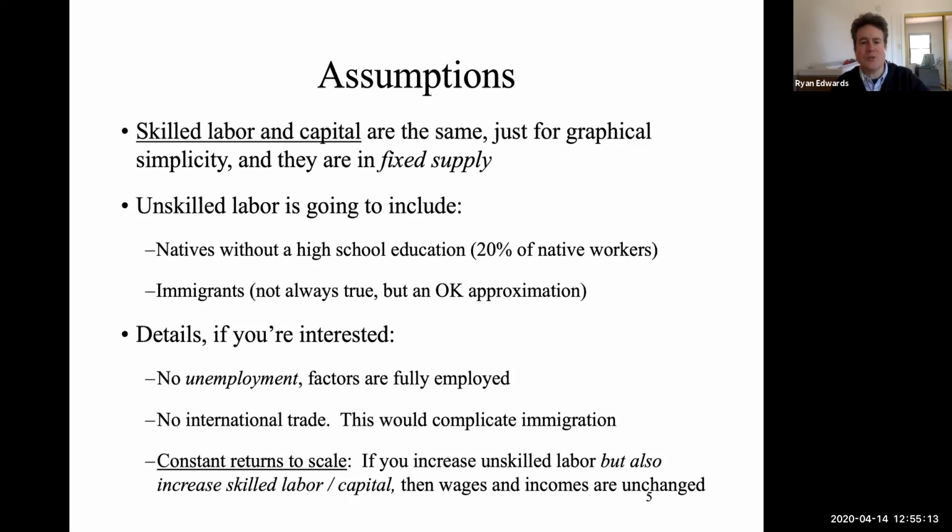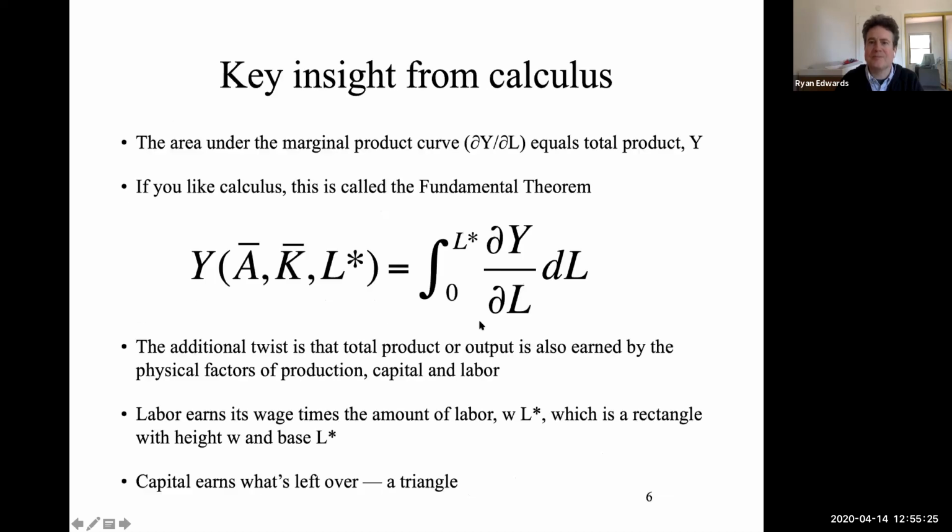We'll have constant returns to scale, which means that if factors increase together, then the prices of those things remain ultimately unchanged. And so that will be important later. The key insight here in thinking about the division of total output across factors is that you can see total output in a labor demand diagram as the area under the curve.